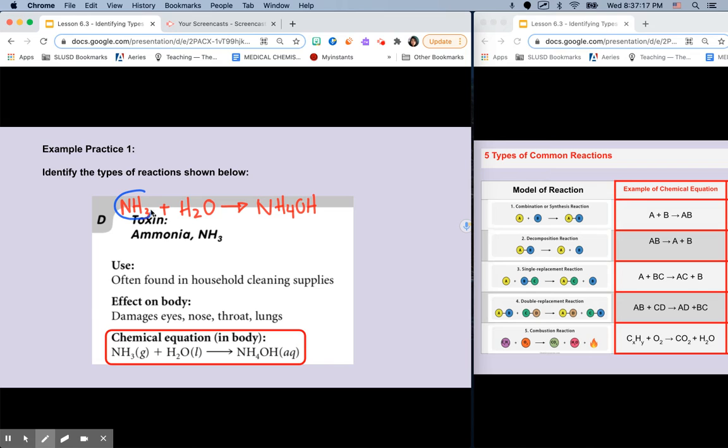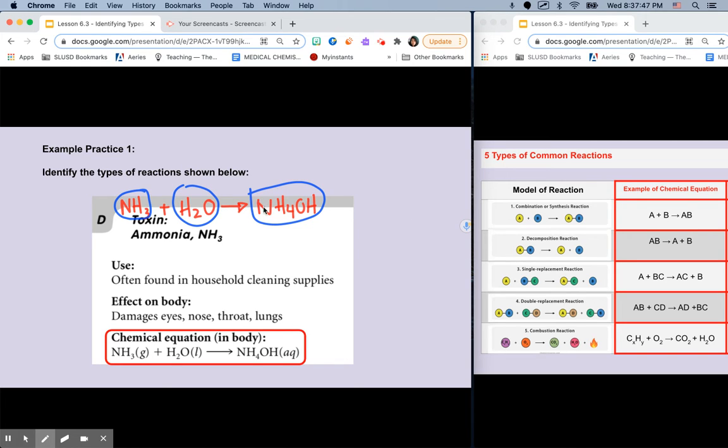So here, notice that I have one molecule plus another molecule to form one molecule at the end, right? And you might notice that this is the same pattern as A plus B, arrow, AB, right? It all just mushes up together into one thing.